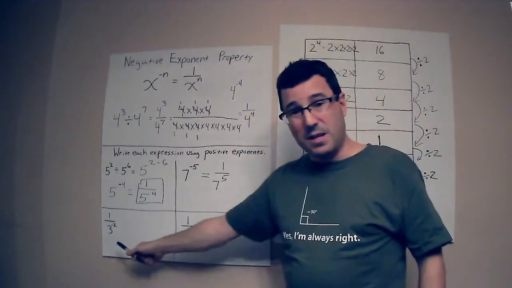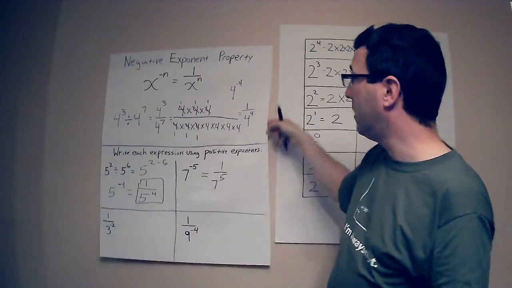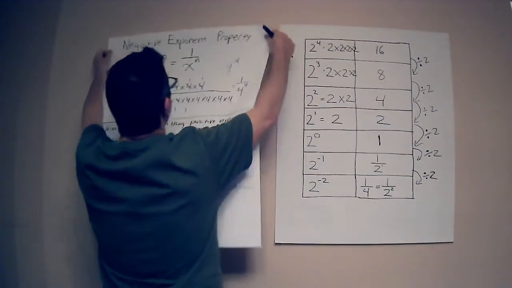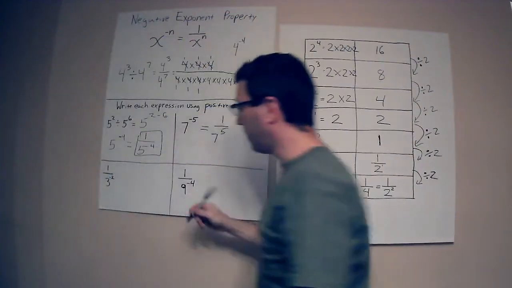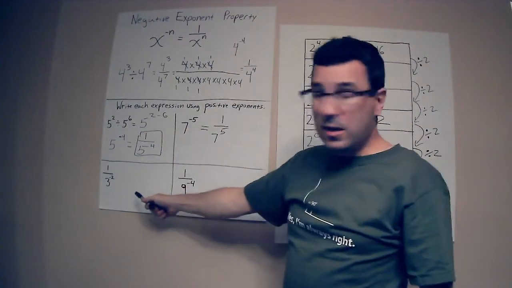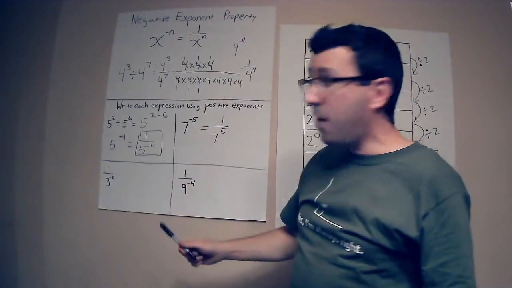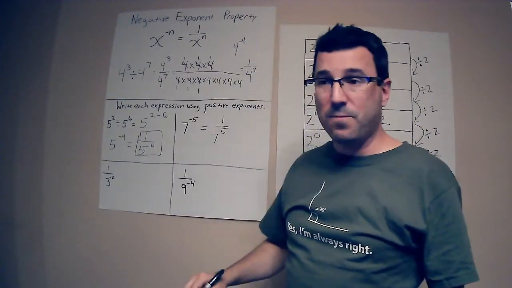Then we get some of these where they get a little fancy. They get a little mean. I'm going to lift this up a little bit so we can see better. This says 1 over 3 to the negative 2. So now we have the negative in the denominator of a fraction.